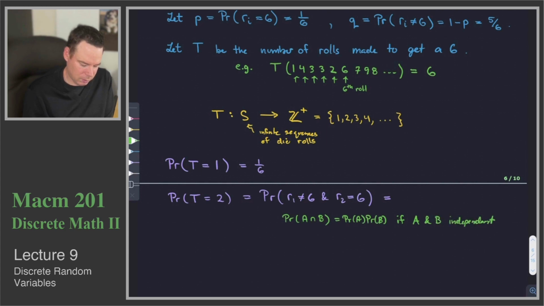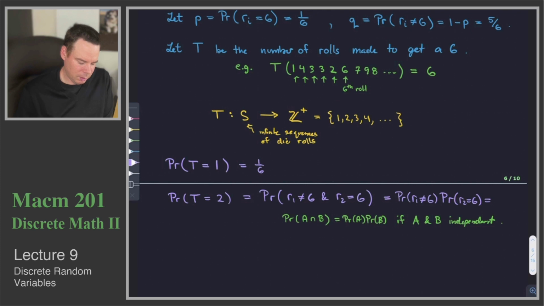And in this case, they are independent because the value on the first die roll is independent from the value that I'm going to roll on the second die roll. So this is the probability that I don't get a 6 on the first one times the probability that I do get a 6 on the second one.